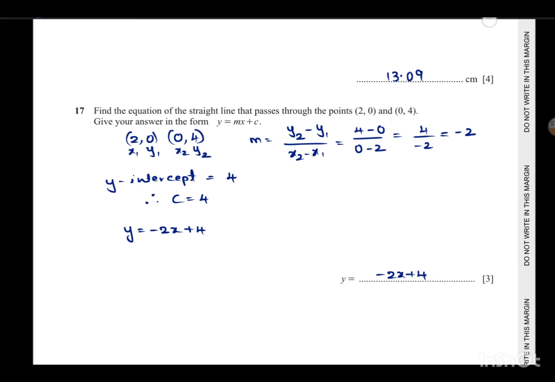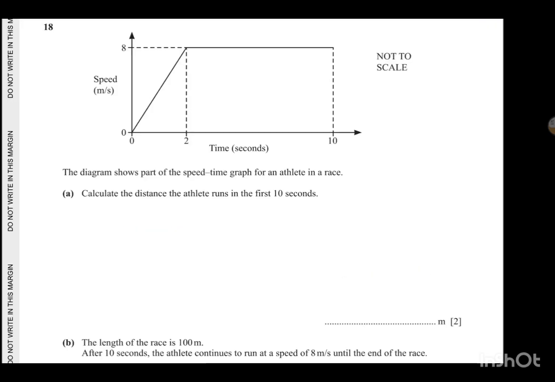Question number 18. The diagram shows part of the speed time graph for an athlete in a race. Calculate the distance the athlete runs in the first 10 seconds. So here this is a speed and time graph. Whenever a speed time graph is given, to find out the distance we need to find out the area under the graph. The first is this part, that is a triangle.